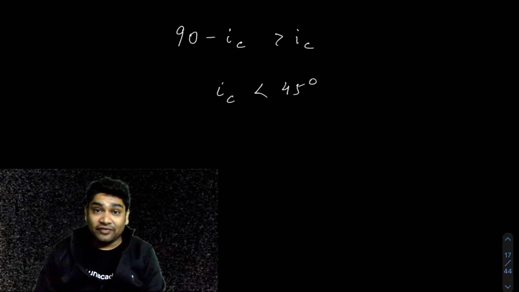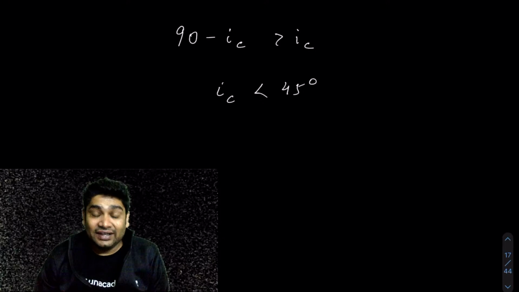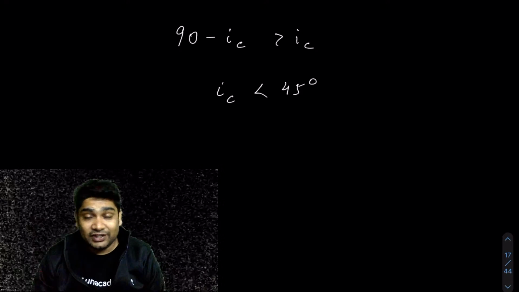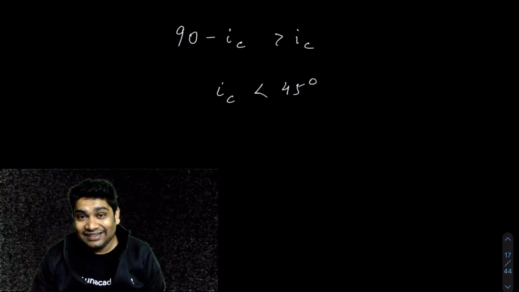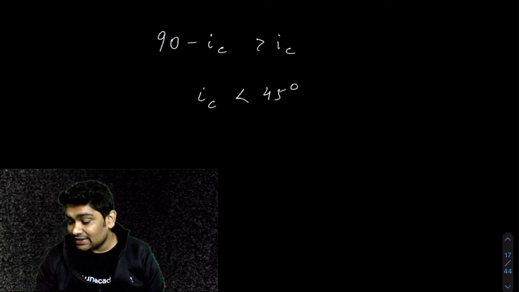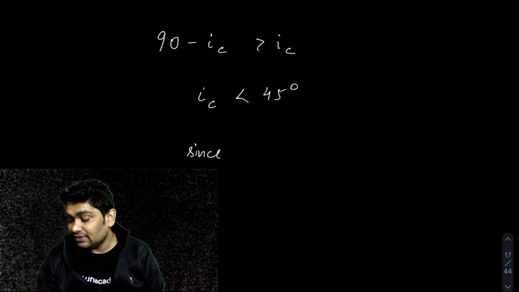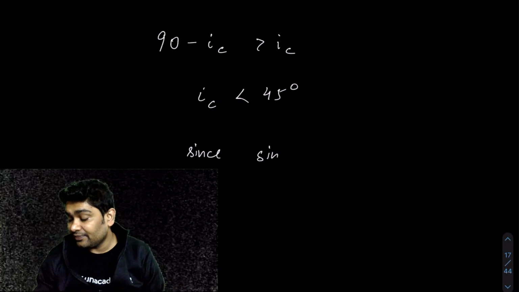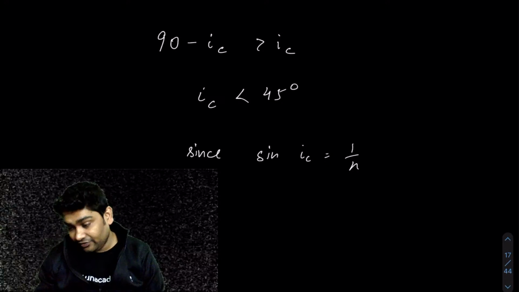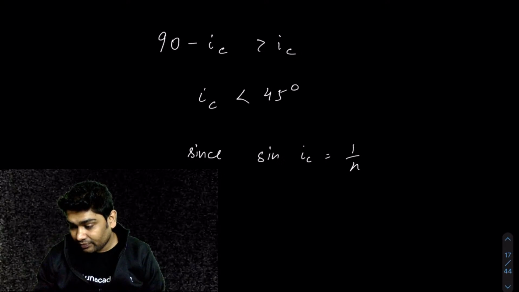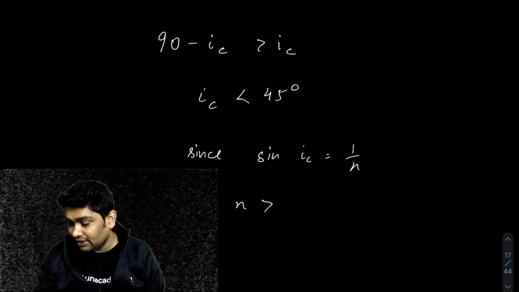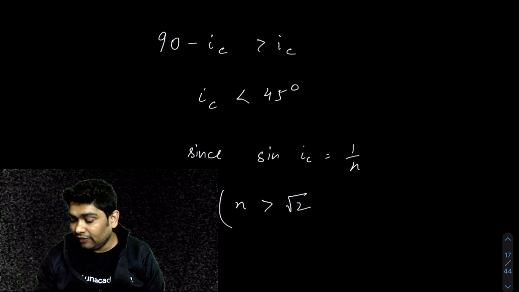Okay. So if your critical angle is less than 45 degrees, then obviously all your rays will suffer total internal reflection, and since sine IC is 1 over n, therefore I can say that n should be greater than root 2. That will be the condition.